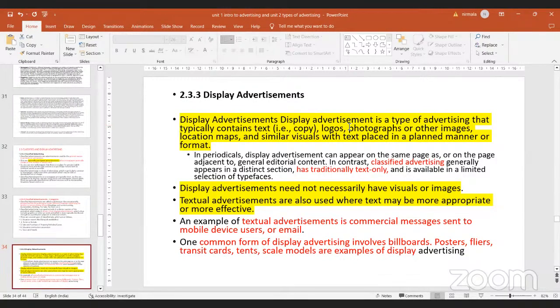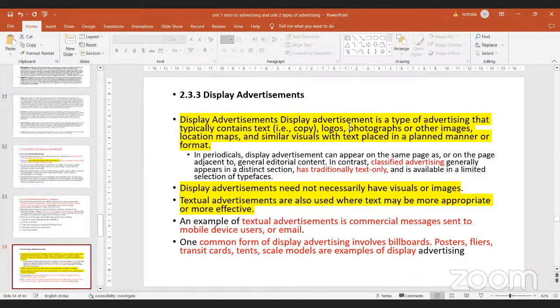It can also have text, visuals, logos, photographs, and even eye-catching visuals and text that would attract the consumers to buy your products. They would be influenced by your content. When you compare with the classifieds, it is more appealing than the classified.